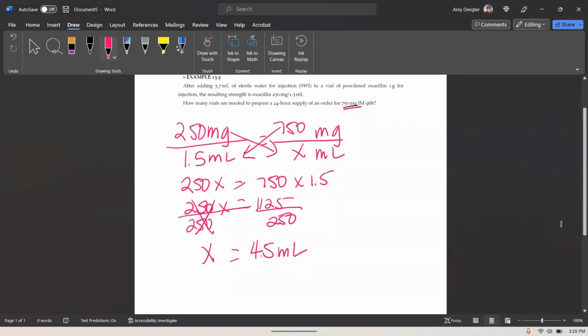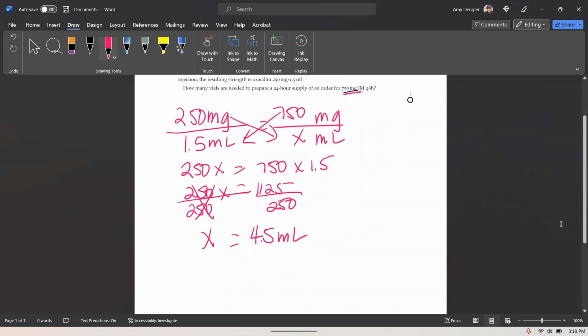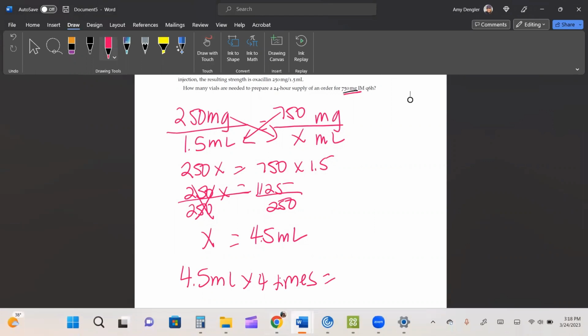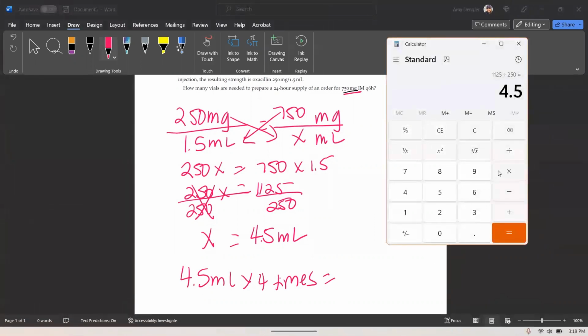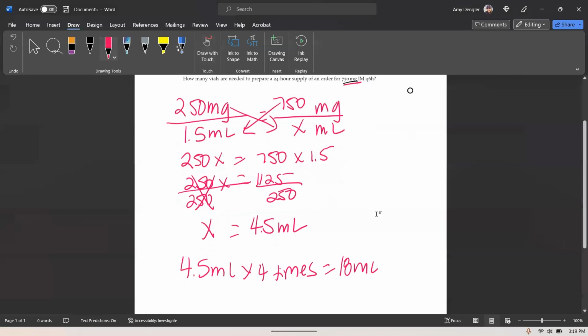So just to get them to the 750 milligrams, we need to give them 4.5 ml, but they're also going to do that 4 times a day, every 6 hours. So that means that they need 18 ml for 24 hours.